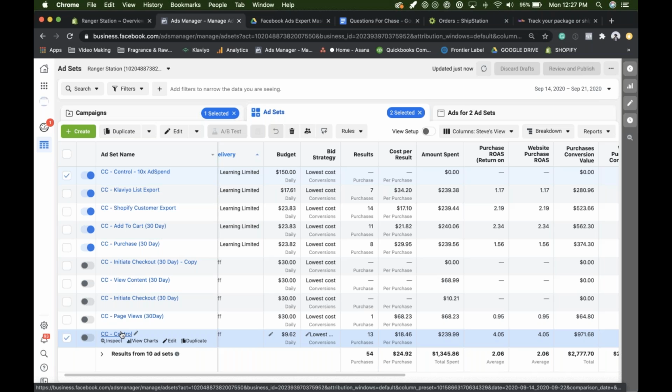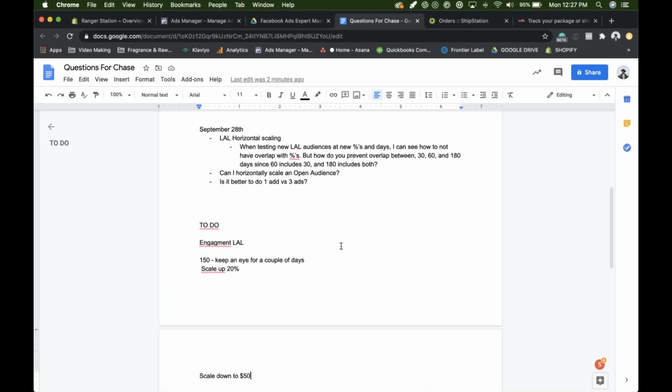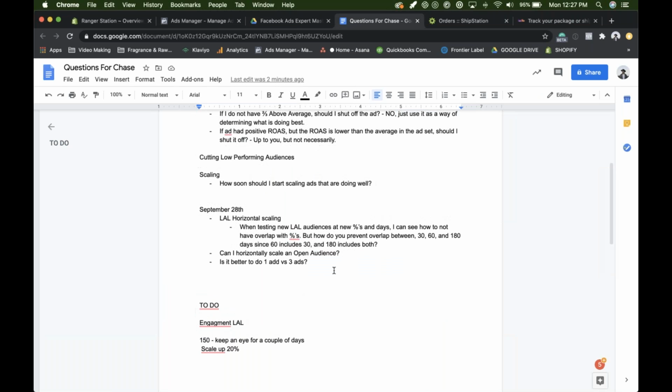Okay, awesome. And let me check. I think that was for horizontally scaling the lookalike audiences. I know there won't be any overlap in the 1 to 2, 2 to 3, 3 to 4% audiences, but are we going to run into overlap in the 2 to 3% lookalike audiences when we're testing 30, 60, 180 days?